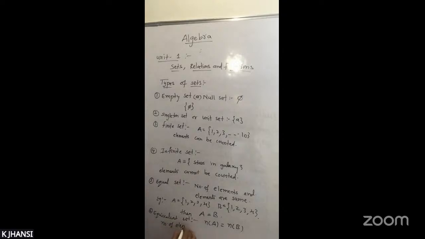Number of elements are the same, but elements are different. Okay, you can take an example here. A is equal to {a, b, c, d}. Here, how many? n(A) is what? 4.